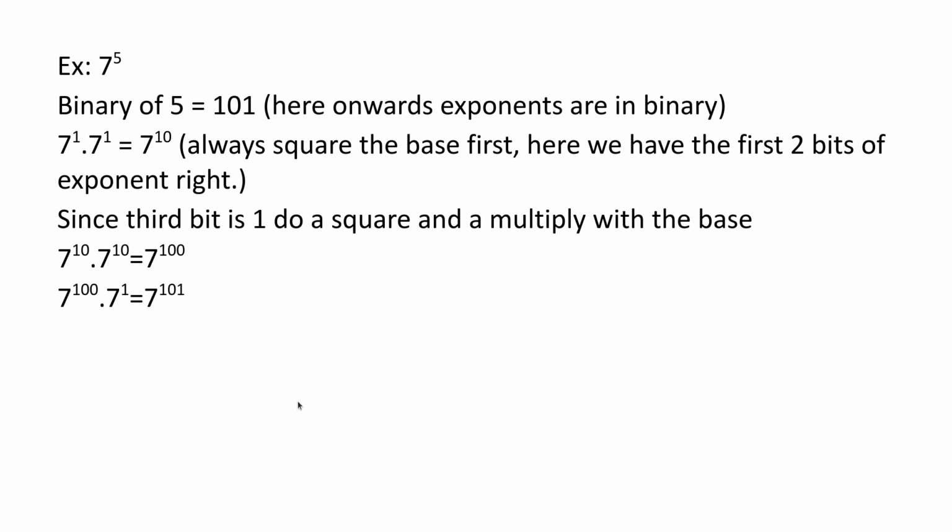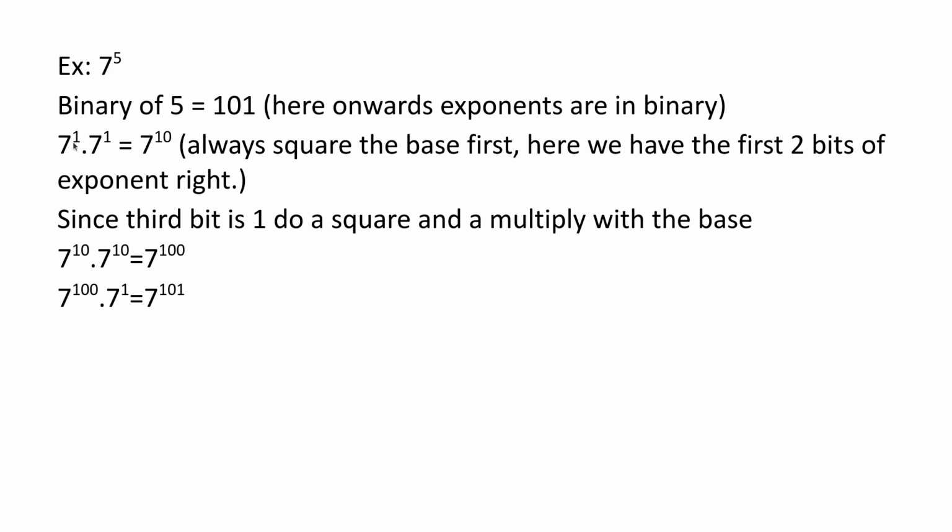7 raised to 5, we are going to do an example of this square multiply algorithm. The first thing is to get the binary of the exponent. So 5 is equal to 101. From now on, whatever exponents you see are binary numbers, not decimal numbers. The first step is always to square the base.